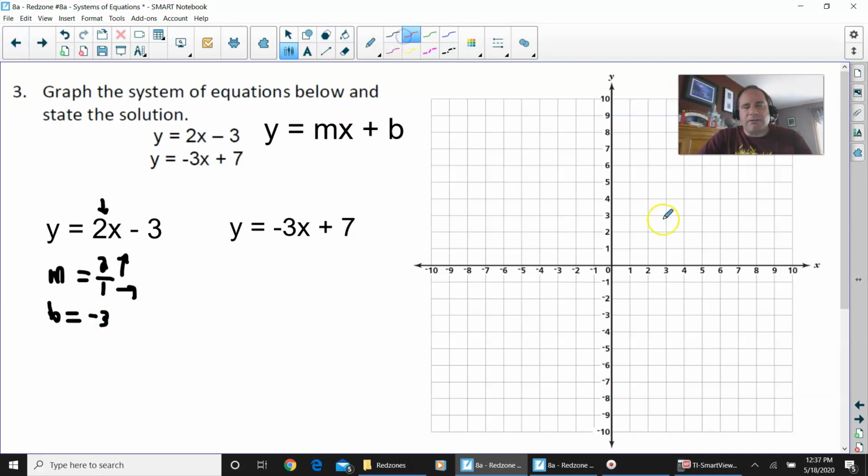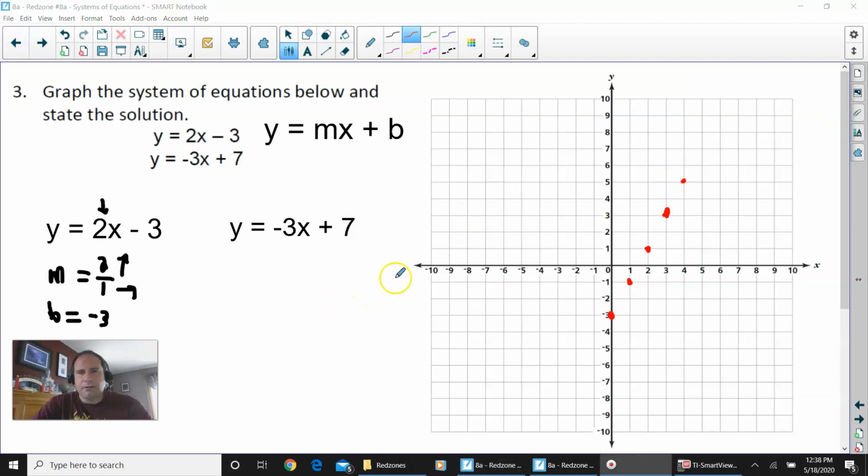So coming down on with this question, we're going to start with a -3, which is right here. From -3, you're going to go up 2 and run 1. Up 2, run 1. Up 2 and run 1. Up 2 again and run 1.